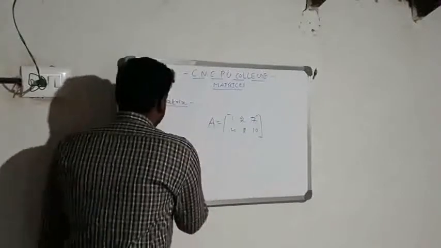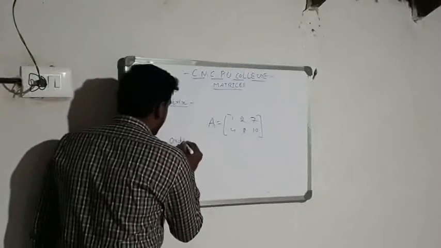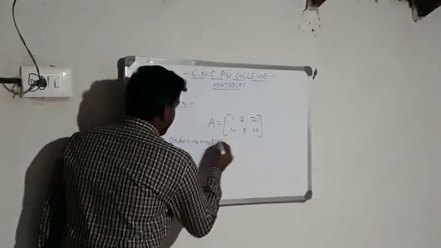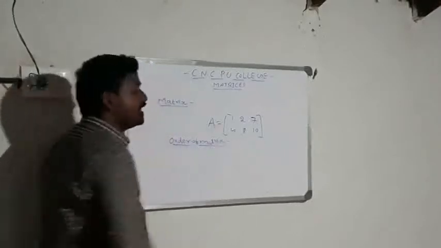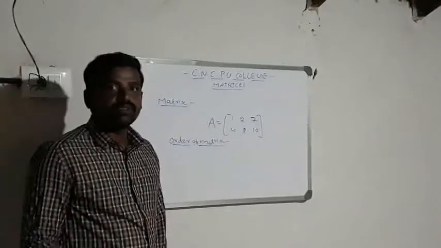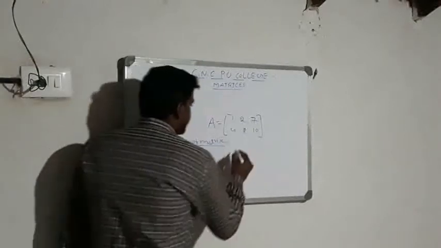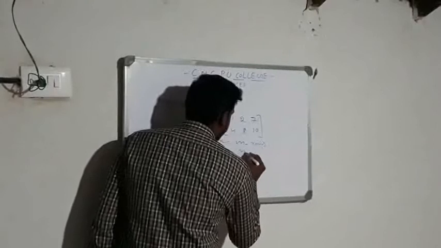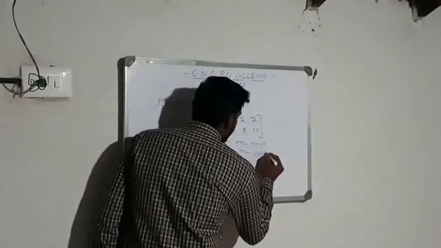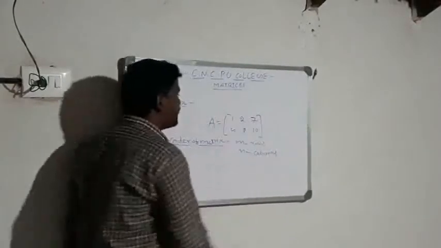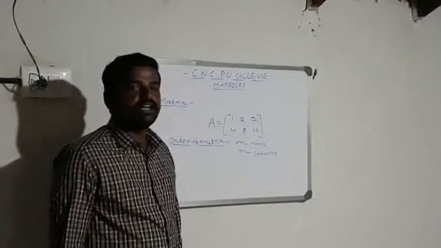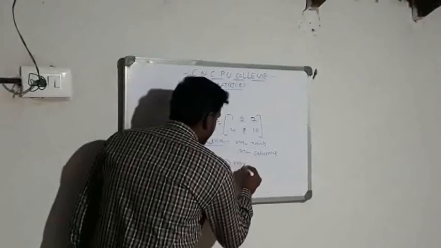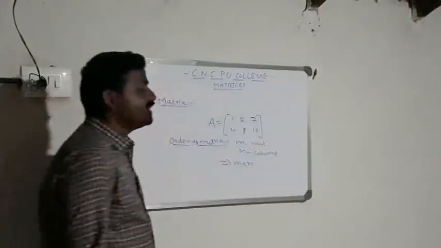Next, order of matrix. If a matrix has m rows and n columns, then the order of the matrix is m cross n.